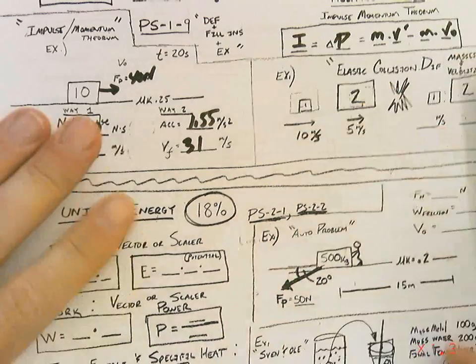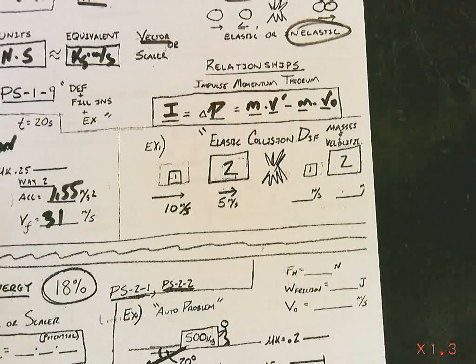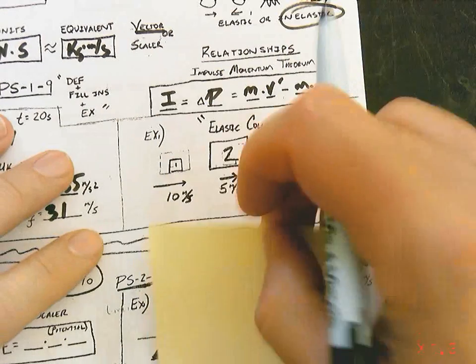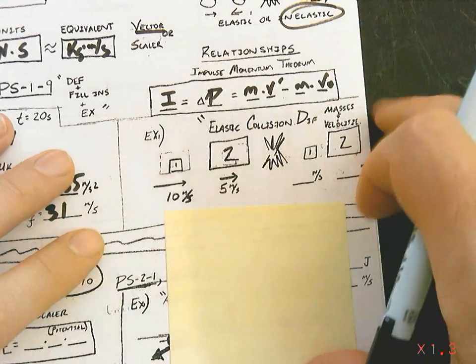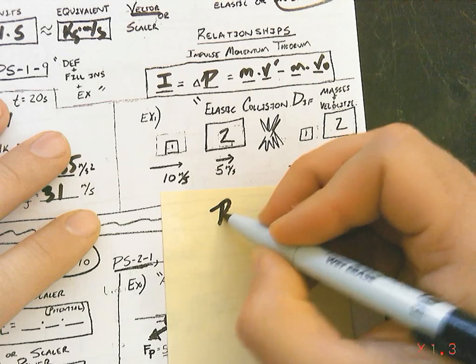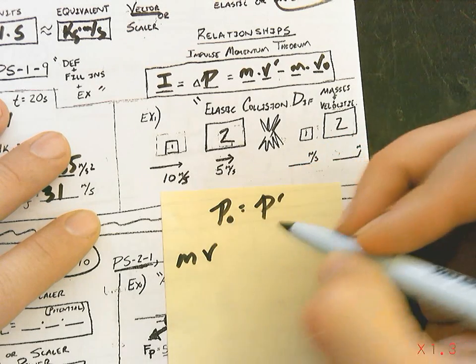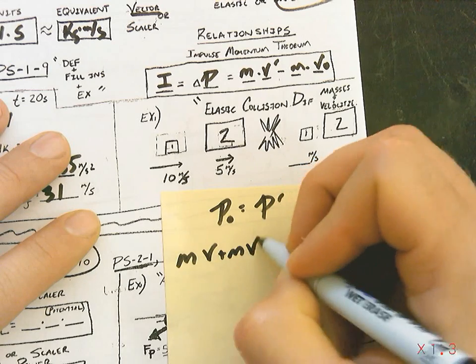I got one more here in Unit 7, which is the elastic collision. So in this one, we have to use conservation of momentum. Basically, momentum before will be equal to momentum after, or MV plus MV.